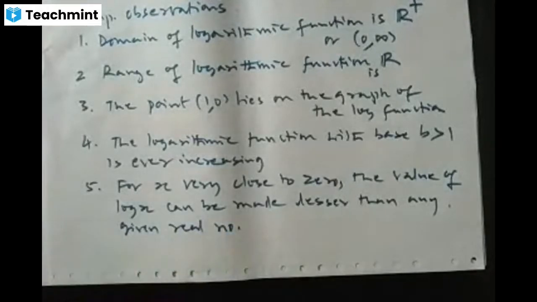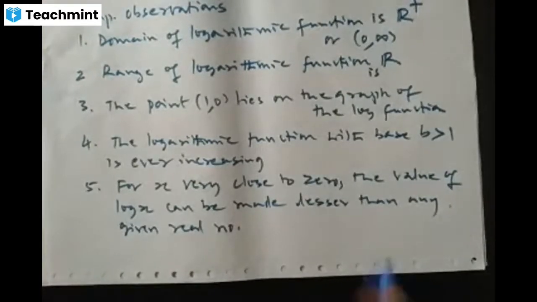Or in other words, as x tends to 0, y tends to negative infinity, or the graph approaches the y-axis in the fourth quadrant, okay?